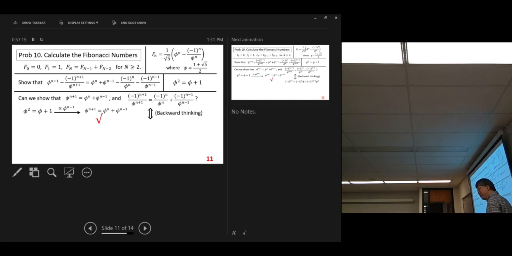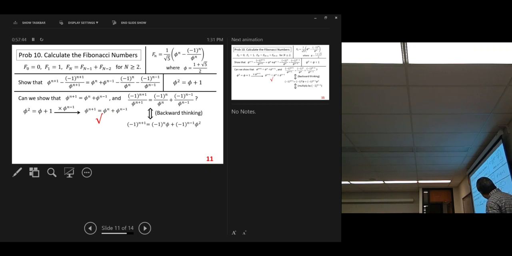Let's multiply by the common denominator, phi to the n plus 1th power. This one, after cancellation, we still have 1 phi left. This one, after cancellation, we have phi squared left.